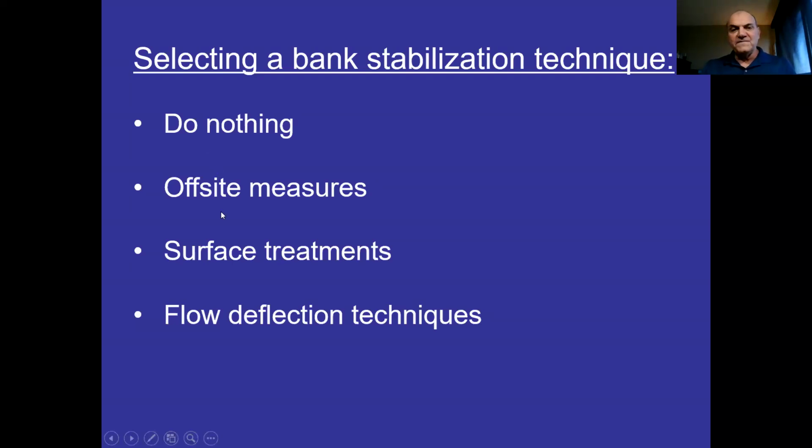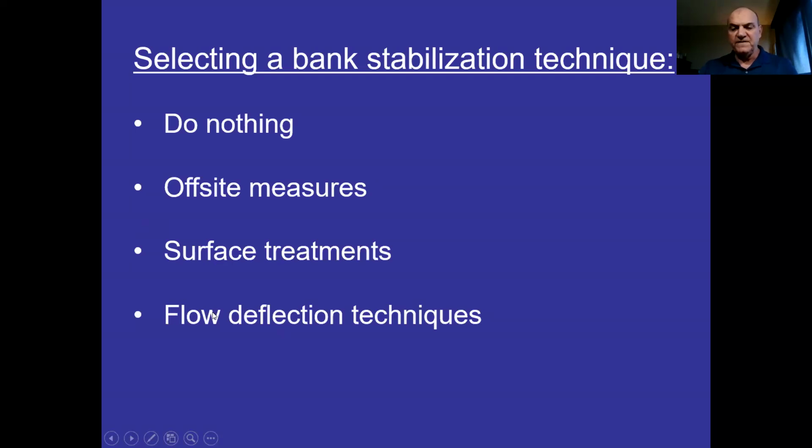Then, only then, after considering do nothing and off-site measures, can we consider actual bank stabilization techniques at the erosion site, looking at surface treatments, treating right on the bank itself, or sticking things out from the riverbank to deflect flow away from the bank.